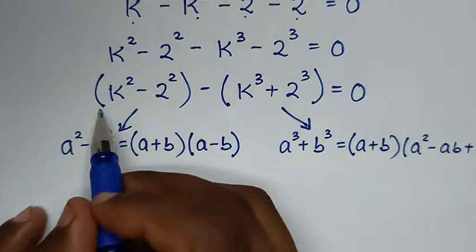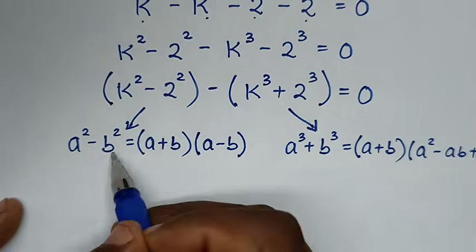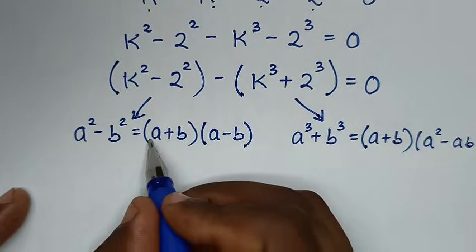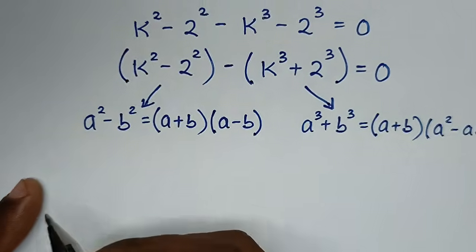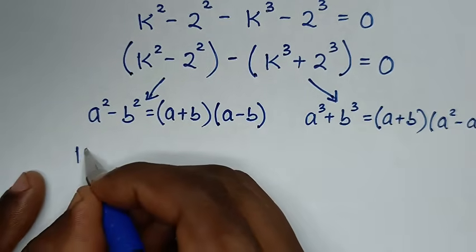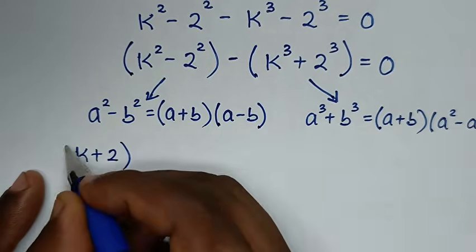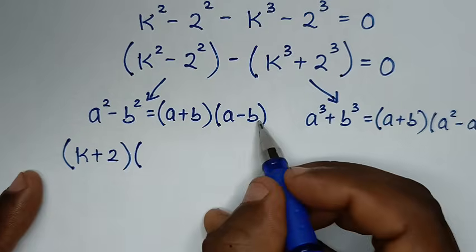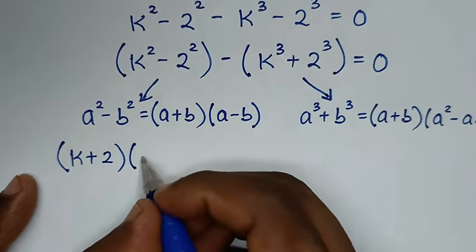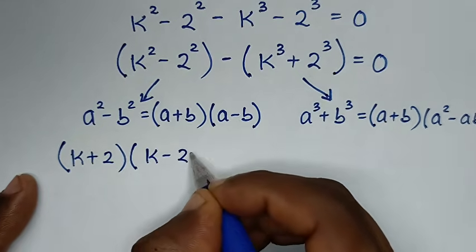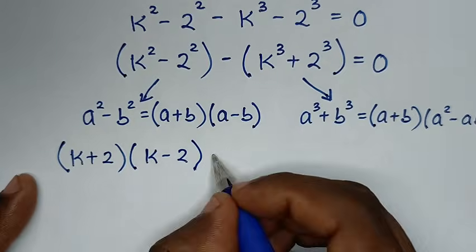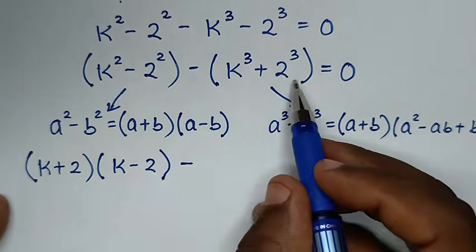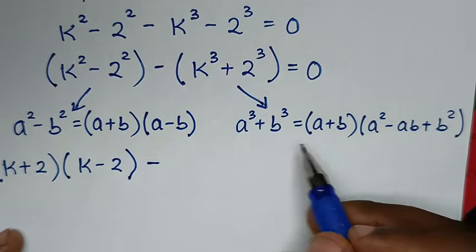Now from this part here, where this part is in this form, then we apply this form. So a plus b, it will be k plus 2. So here it will be (k plus 2), (a minus b), it will be k minus 2. So here (k minus 2) bracket, then minus, and this part is in this form, then we apply this form.